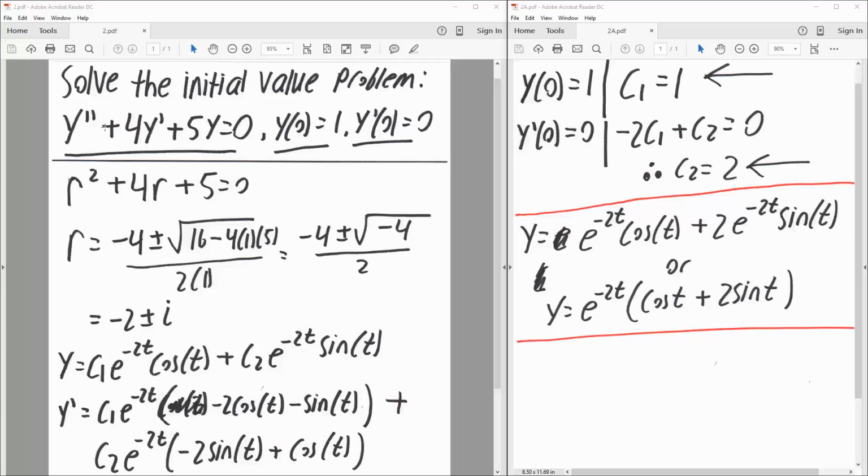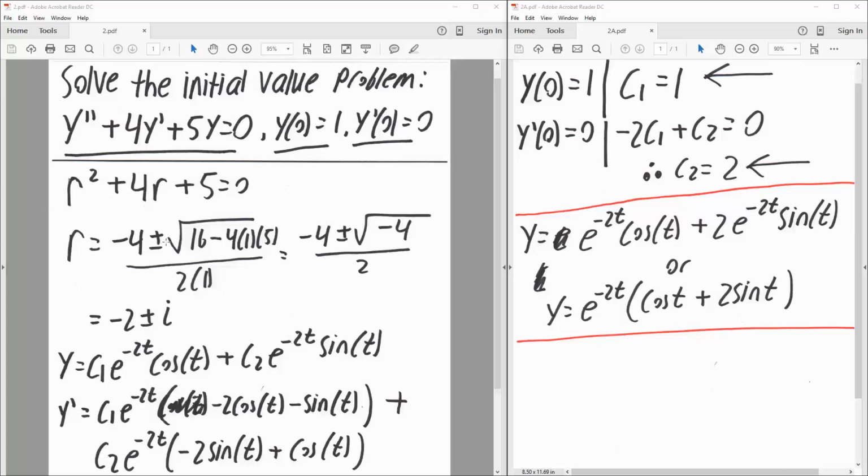We can break this down by saying r^2 + 4r + 5 = 0. If you notice, we can't factor this, so we have to use the quadratic formula. r is equal to minus b, so minus 4, plus or minus the square root of b squared, so 16, minus 4ac, where a is 1 and c is 5, divided by 2a, so divided by 2.